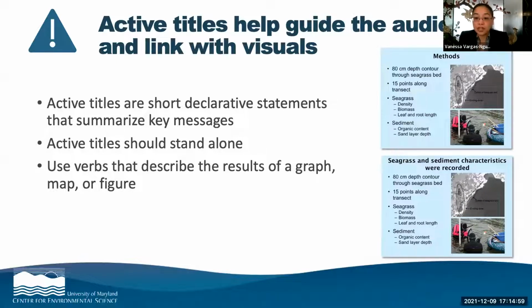In the second example below, "seagrass and sediment characteristics were recorded" is far more informative than just saying "methods" as the title of your slide or your presentation. Ultimately, combining active titles with strong visual elements leads to a more persuasive science communication product.